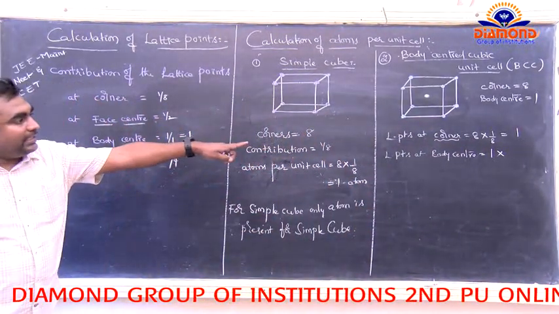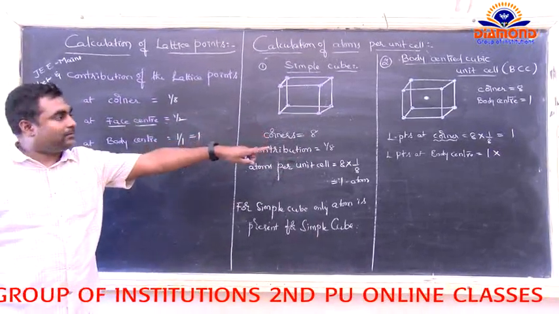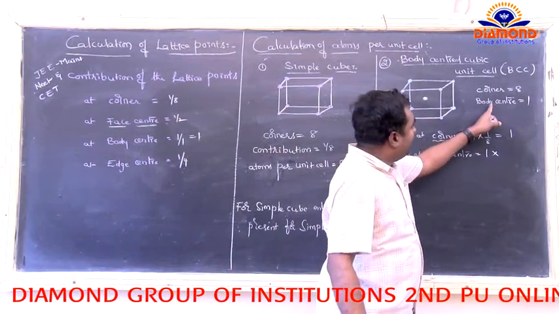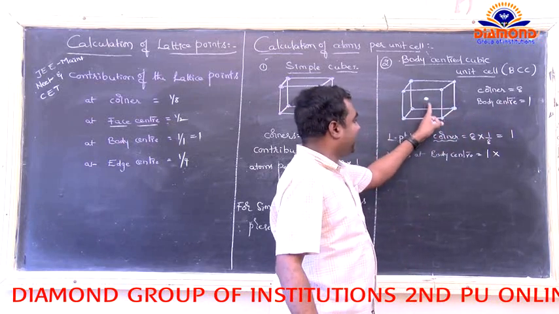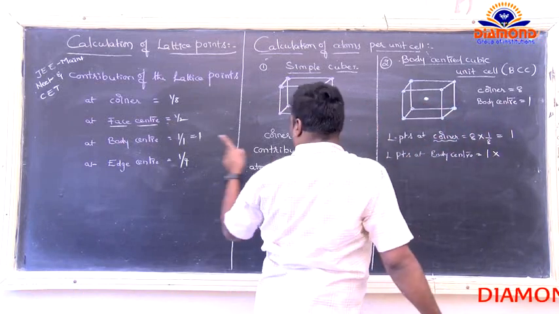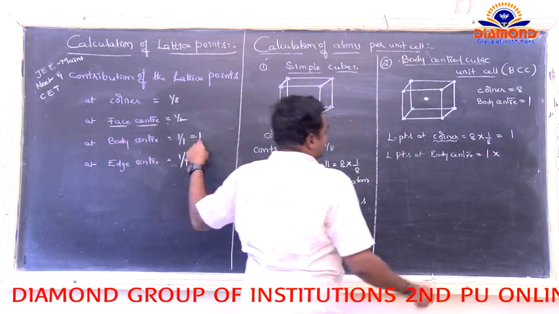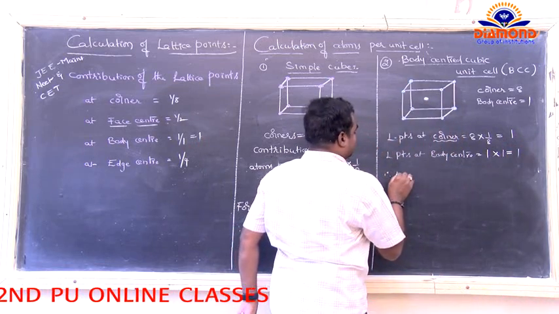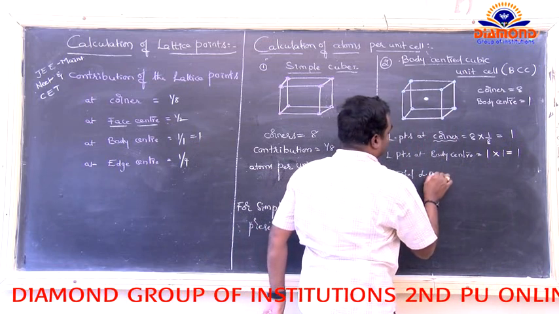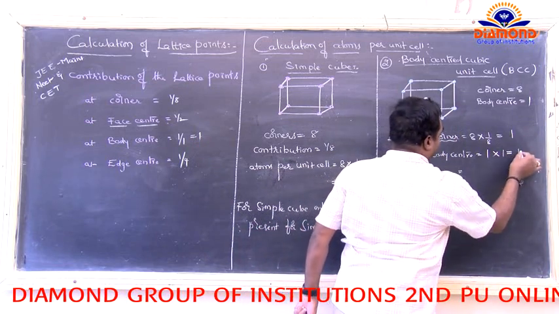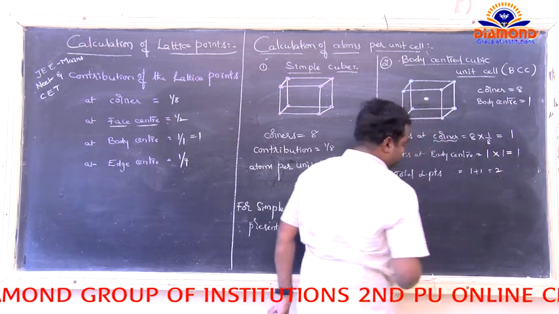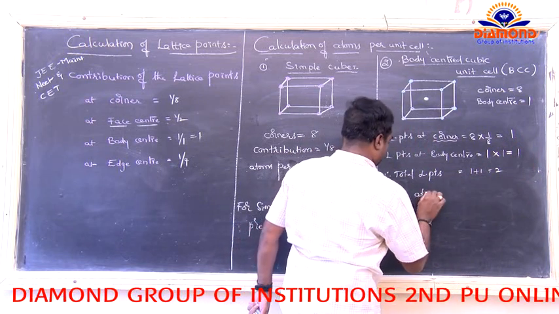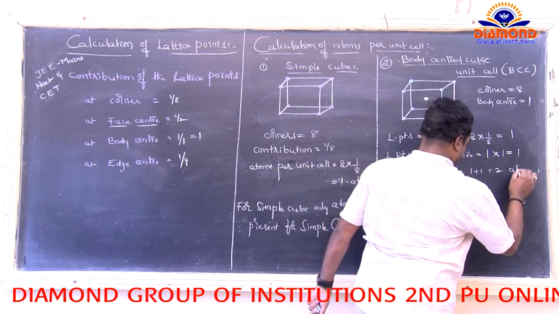So 1 into 1 is equal to 1. Therefore, the total lattice points is 1 plus 1, that is equal to 2. Therefore, simply 2 atoms.